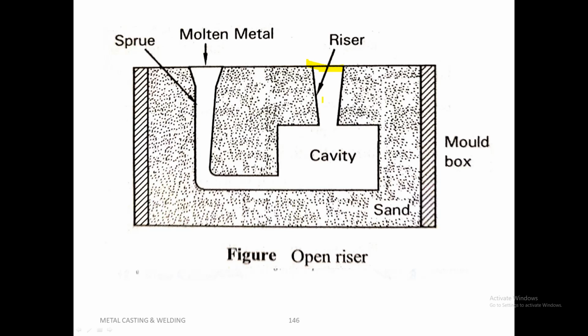Here gravity and atmospheric pressure cause the liquid metal in the riser to flow into the solidifying casting. But when a certain thickness of liquid metal on the top surface of the riser solidifies, the atmospheric pressure will no longer be effective in feeding the molten metal. However, the open riser is generally used in the foundries.